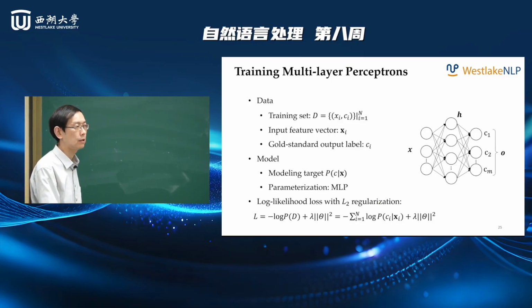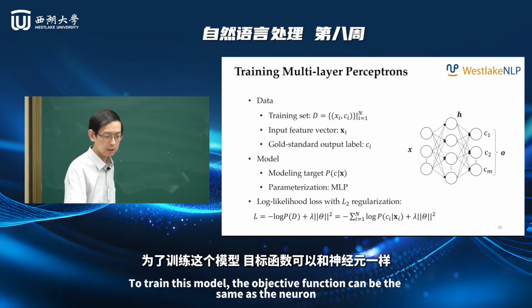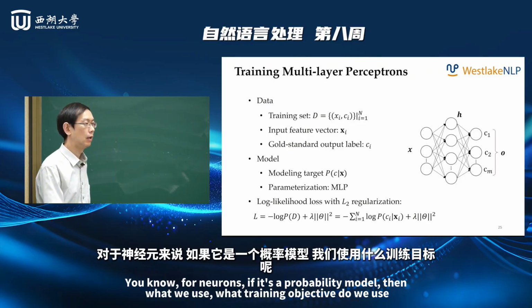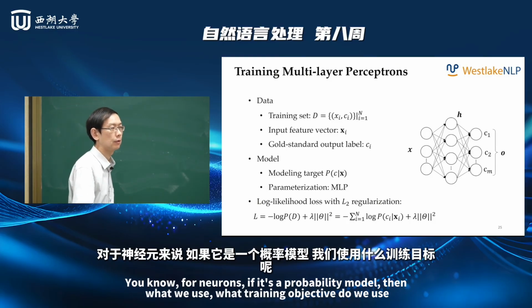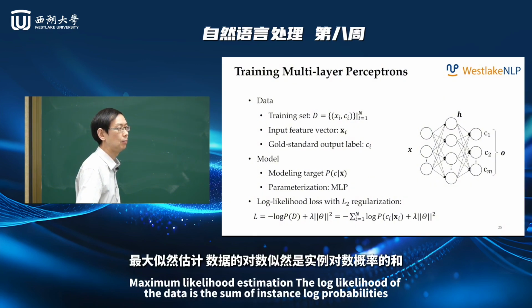To train this model, the objective function can be the same as before. If it's a probability model, what training objective do we use? Maximum likelihood estimation, right?